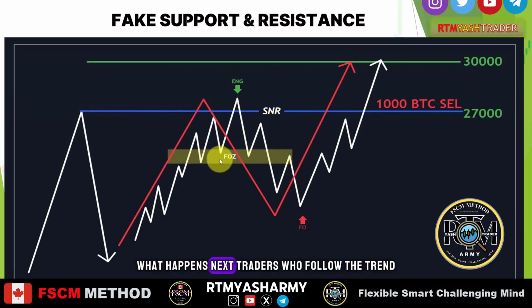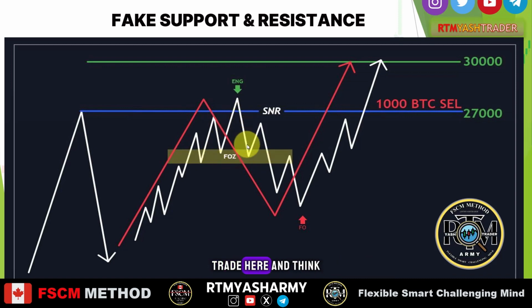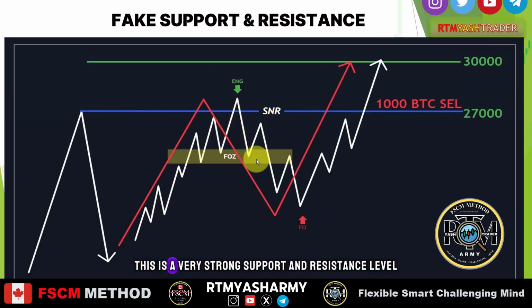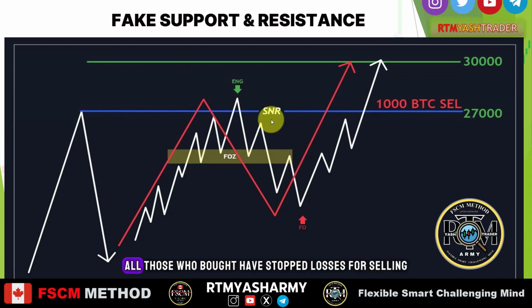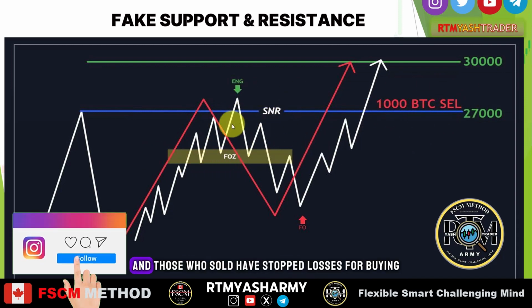What happens next? Traders who follow the trend trade here and think this is a very strong support and resistance level, so they start buying. Also, traders who trade with breakouts, when the level breaks, start selling. All those who bought have stop losses for selling, and those who sold have stop losses for buying.